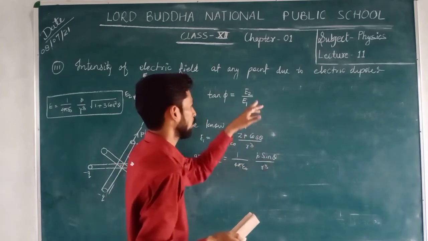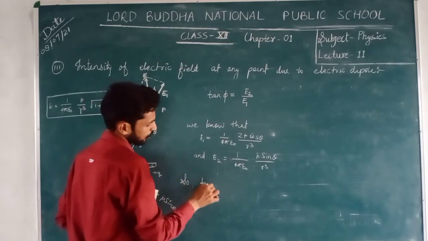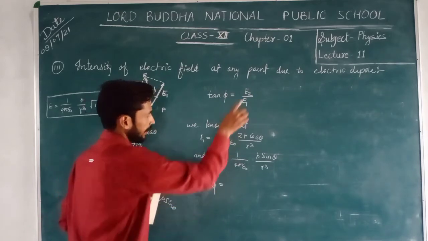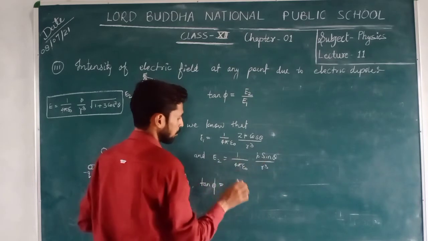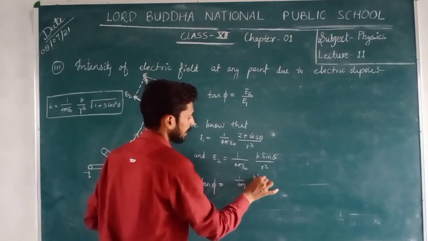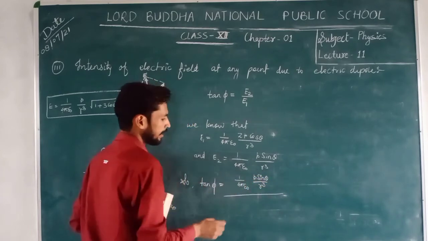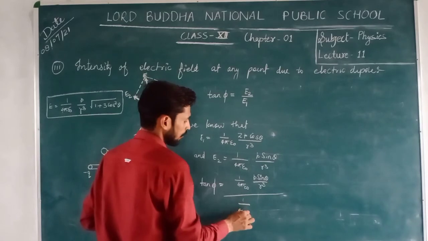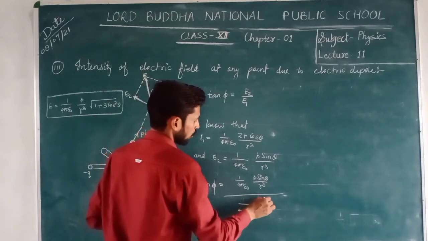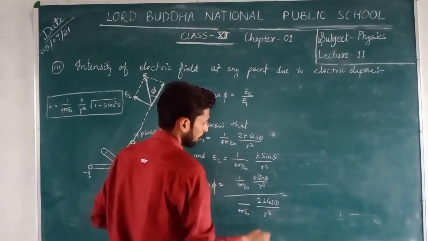By putting these values we can find this. So tan phi equals to, in place of E2 we can put 1 upon 4 pi epsilon naught p sin theta upon r cube, and it is divided by 1 upon 4 pi epsilon naught 2p cos theta upon r cube.